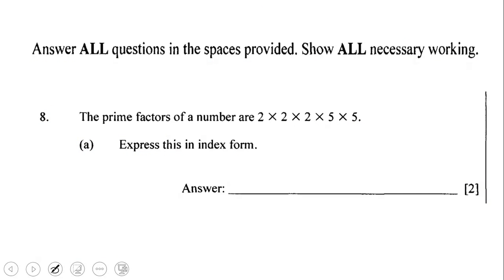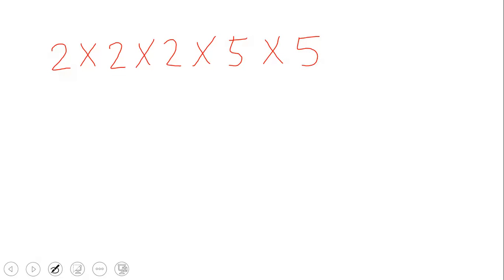All right, awesome. Now that you have attempted this question on your own, let us deal with it together. Notice that the question wants us to consider 2 times 2 times 2 times 5 times 5, and our goal is to express this in index form.